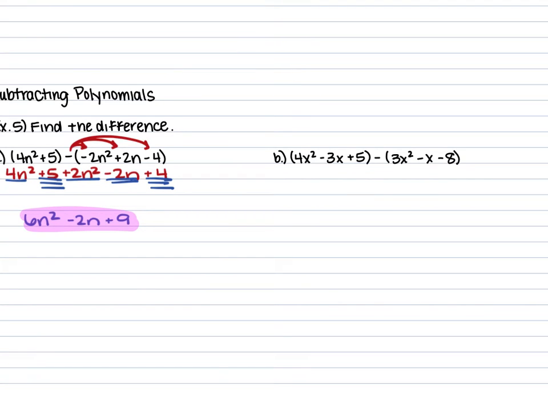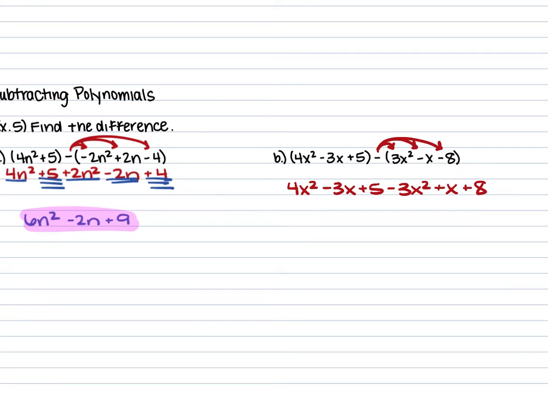For example B, we have 4x squared minus 3x plus 5 minus parentheses 3x squared minus x minus 8, close parentheses. We are going to distribute this negative in and change the sign on each of those terms, getting rid of those parentheses. So it's 4x squared minus 3x plus 5 minus 3x squared plus x plus 8.